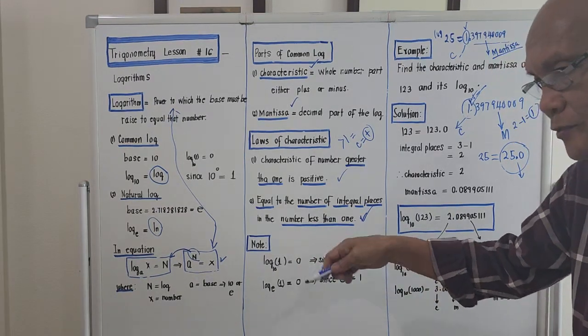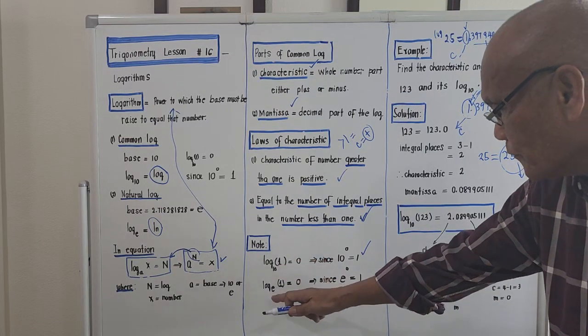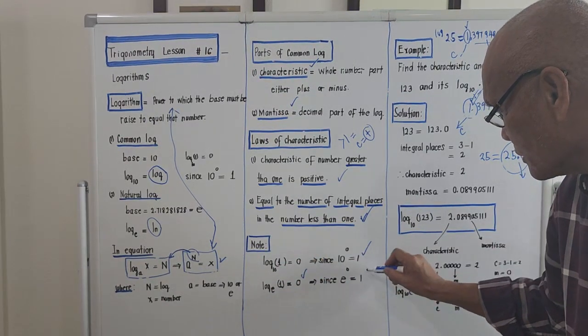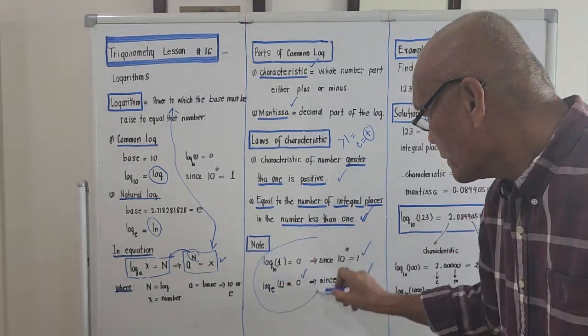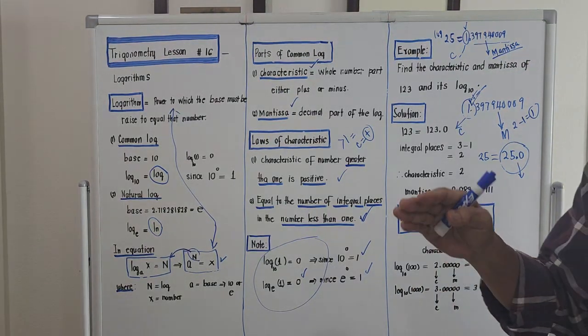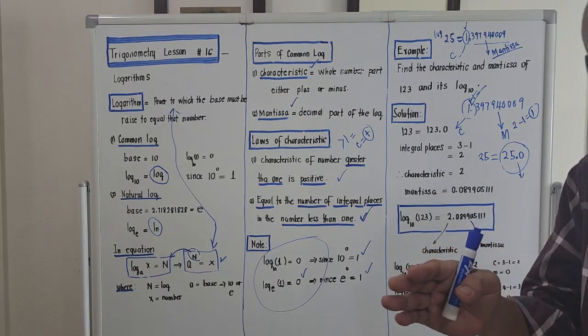The natural log of 1 with the base of e is still 0, since e to the 0 is equal to 1. We should know this by heart. No matter what we are doing, at least we know that the common logarithm of 1 is 0, and the natural logarithm of 1 is also 0.